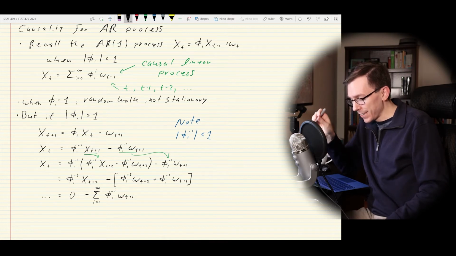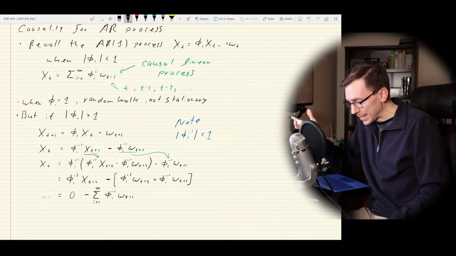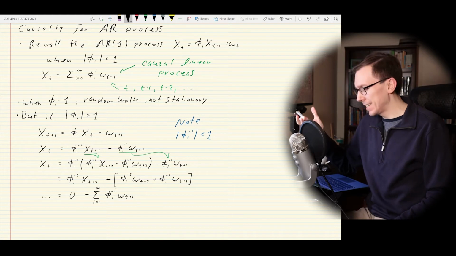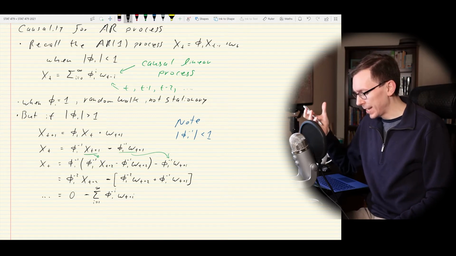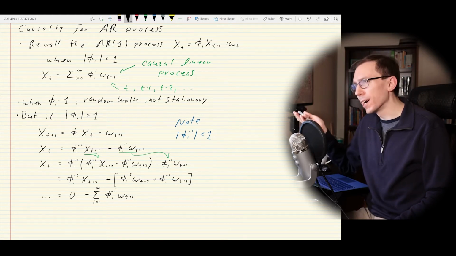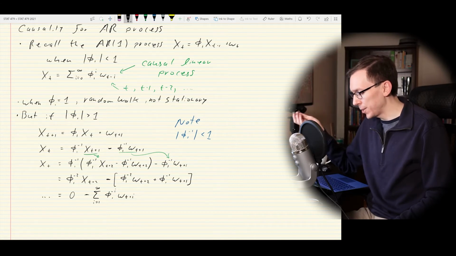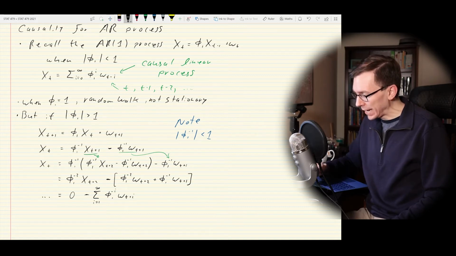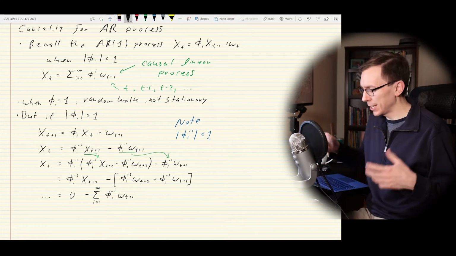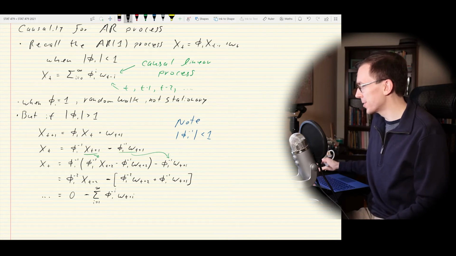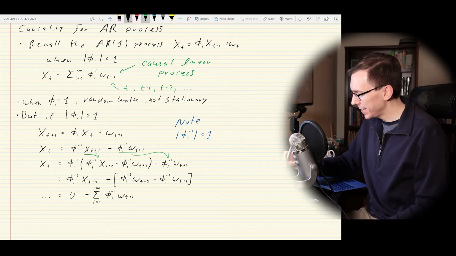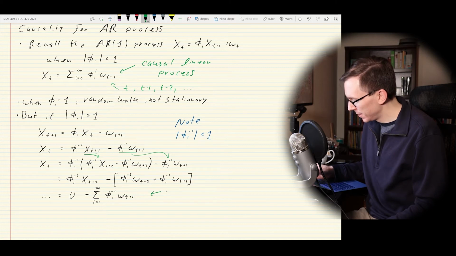First of all, this series makes sense mathematically, in the sense that I'm summing up a bunch of independent or uncorrelated white noise random variables. And because phi to the minus 1 is less than 1, this thing will converge. So what we actually have here is a non-causal linear process.